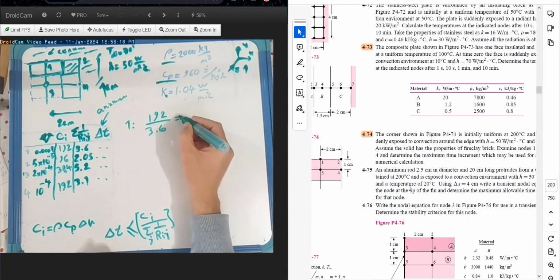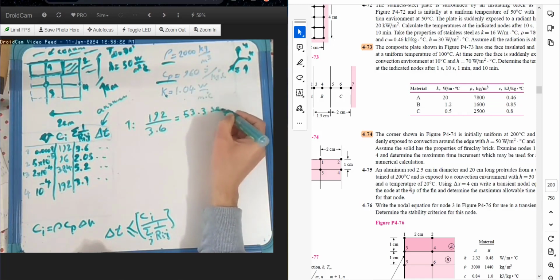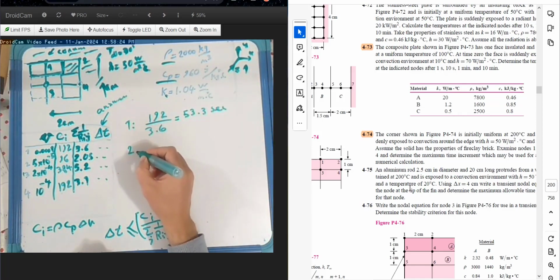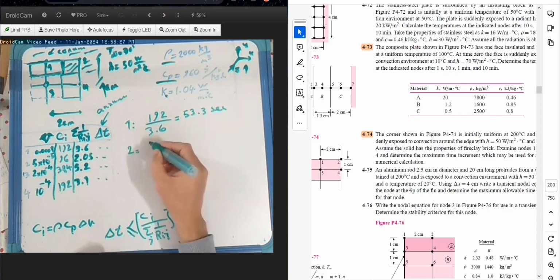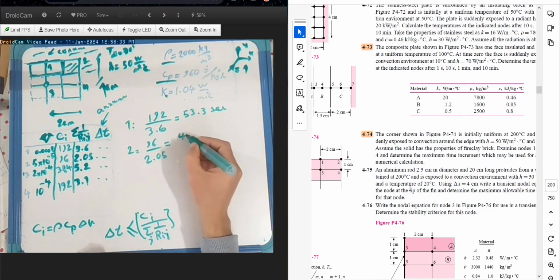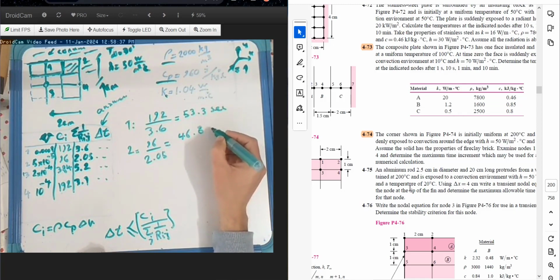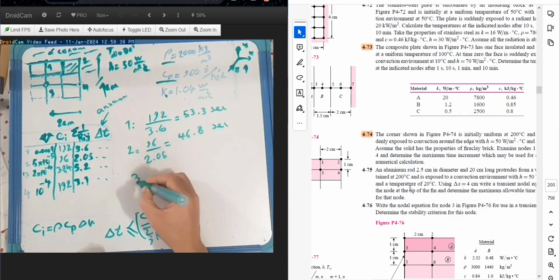What would be the answer? 53.3 seconds. For 2, 96 divided by 205. What is the answer? The answer is 46.8 seconds.